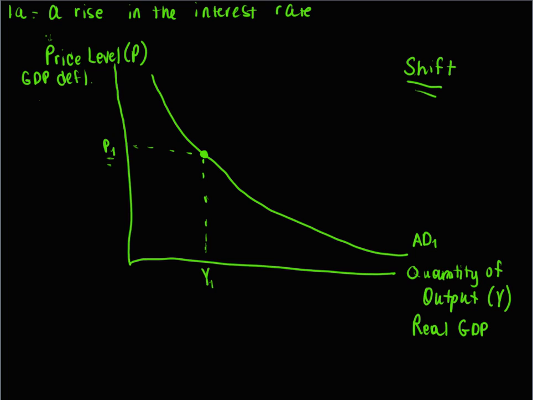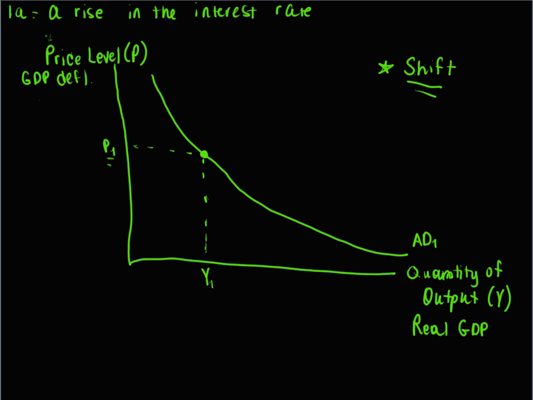So that's the number one thing to consider. Then we have to ask ourselves, are we talking about a shift to the right, meaning an increase in aggregate demand, or a shift to the left, meaning a decrease in aggregate demand? So now we have to think about the nuts and bolts of how aggregate demand might change as a result of a rise in the interest rate.